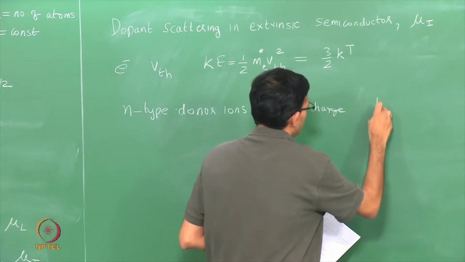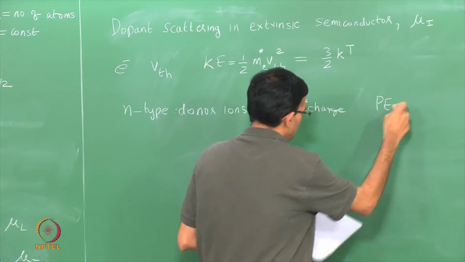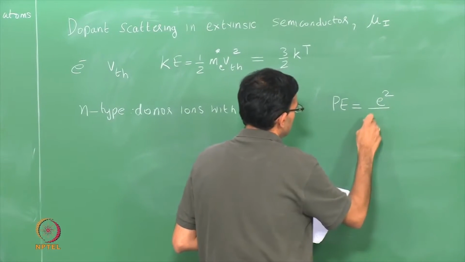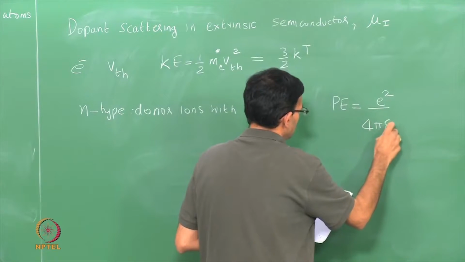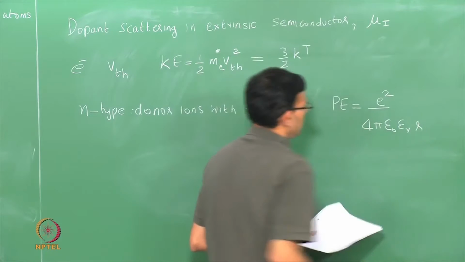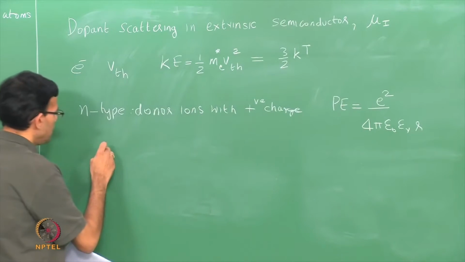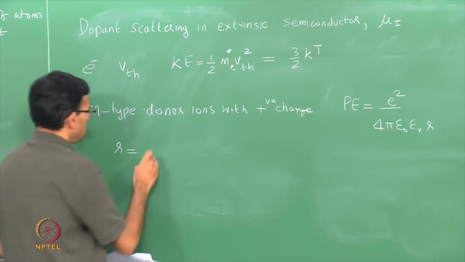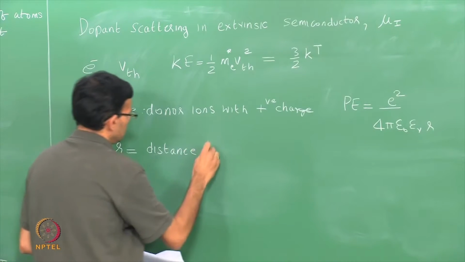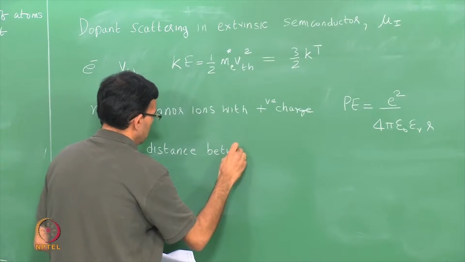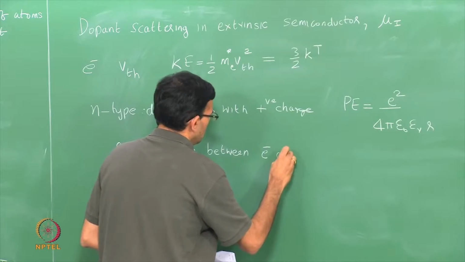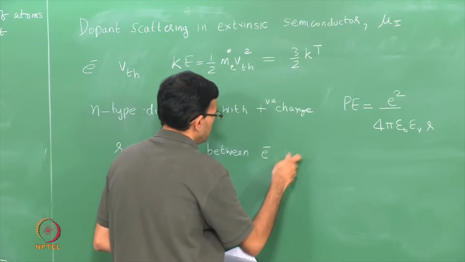So, this electrostatic force, I will call it a potential energy, is nothing but E square over 4 pi epsilon naught r times r. So, r here is the distance between the electron and the ionized impurity.